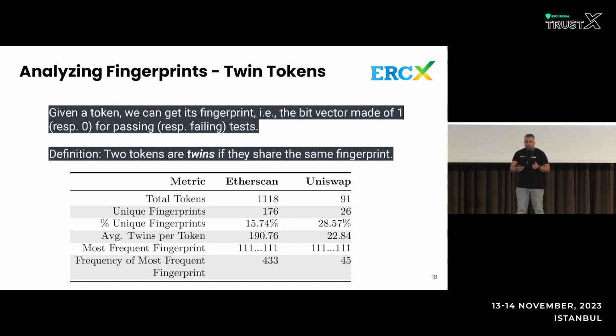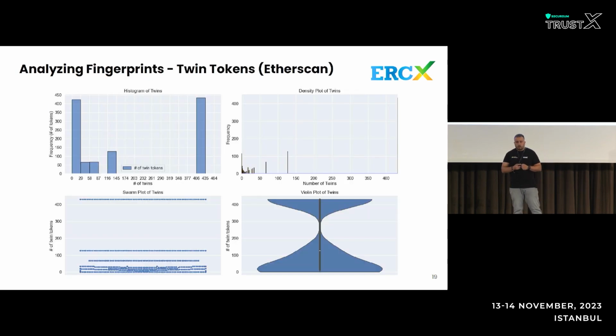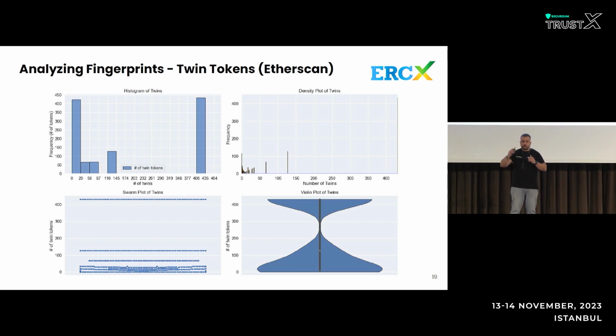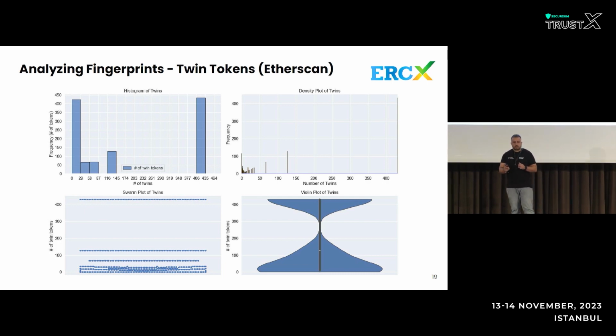We wanted to understand better how those twin tokens are behaving. If you look at the two plots on the left, you can see the number of tokens according to the number of twins. Clearly, there are two packets. If you look at the histogram on the top left, those on the right are all duplicates of each other.